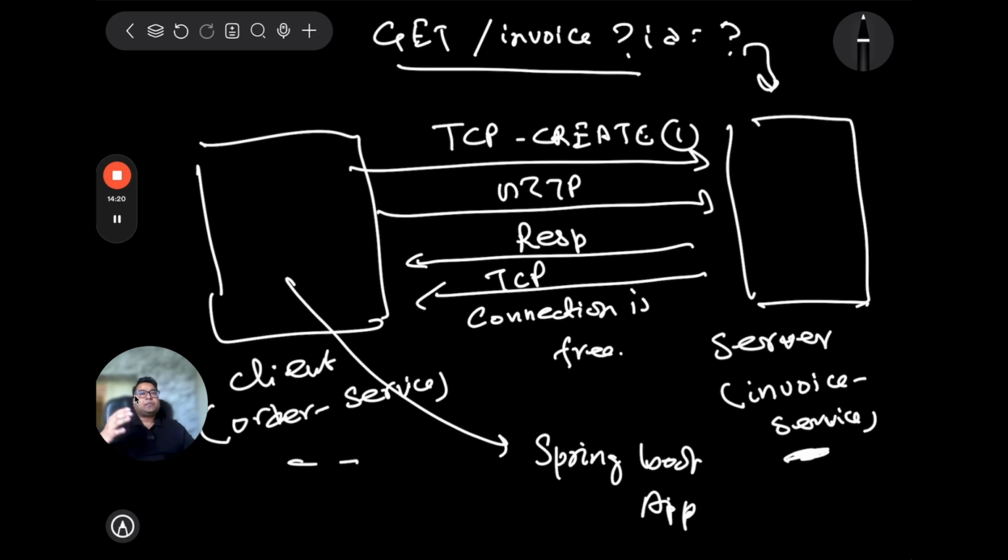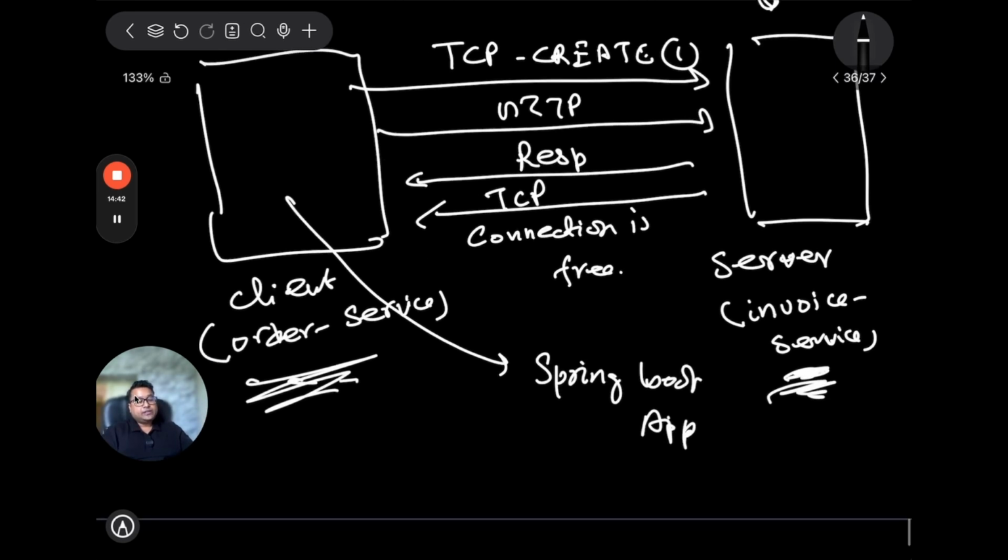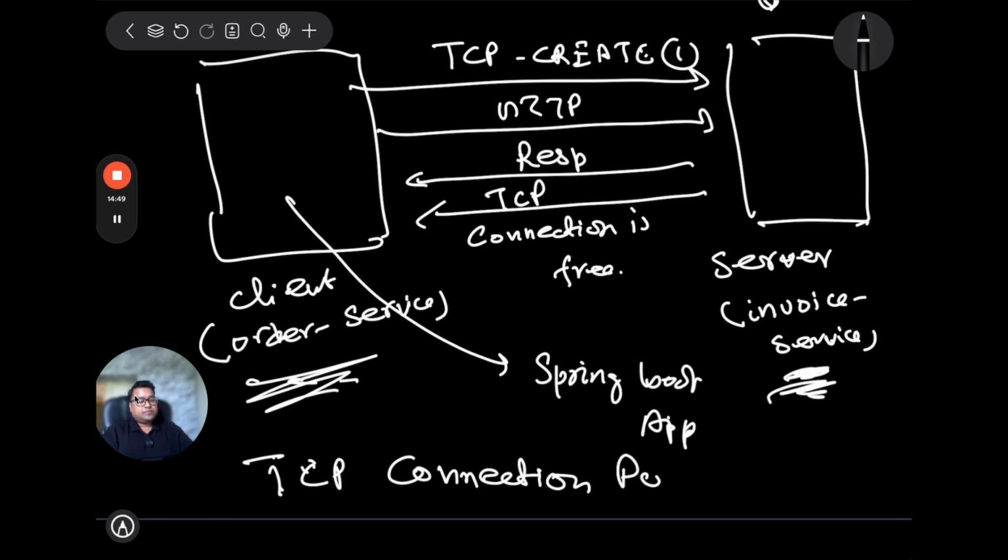Now whatever I explained is only for one single HTTP call. There are multiple threads, multiple requests going from order service all the way to invoice service. In that case, your service will not keep on creating a connection, closing a connection, creating a connection, closing a connection. Rather, it will create a TCP connection pool.